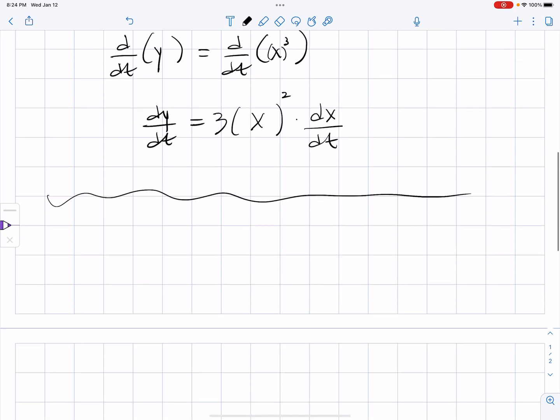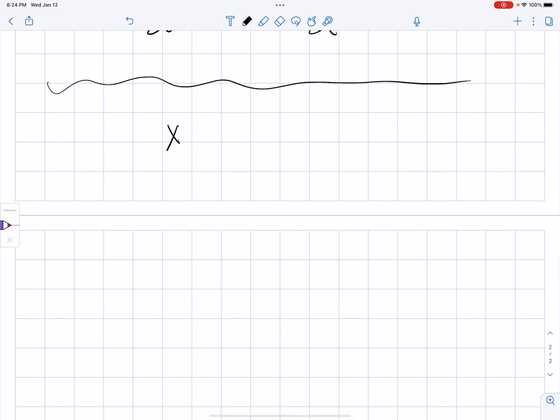Just one more quick example here. How about the Pythagorean theorem? So differentiating with respect to t each term.